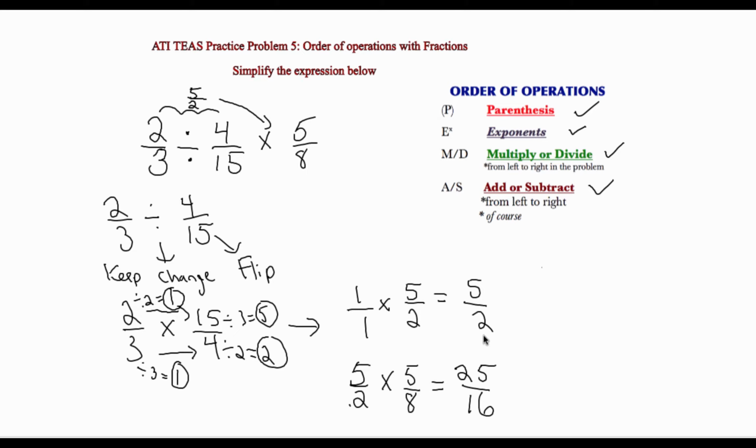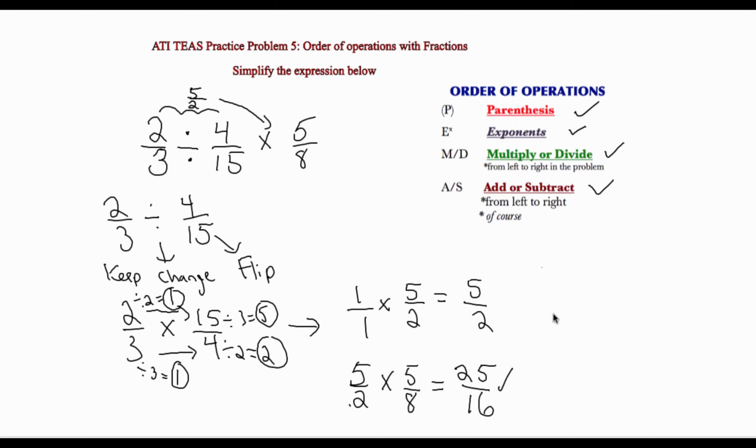Now, we can stop right here. So we've taken 2/3 divided by 4/15, got 5/2. Then we took that answer and multiplied 5/2 times 5/8 and got 25/16. Now, it depends on what your answer choices look like on the test.